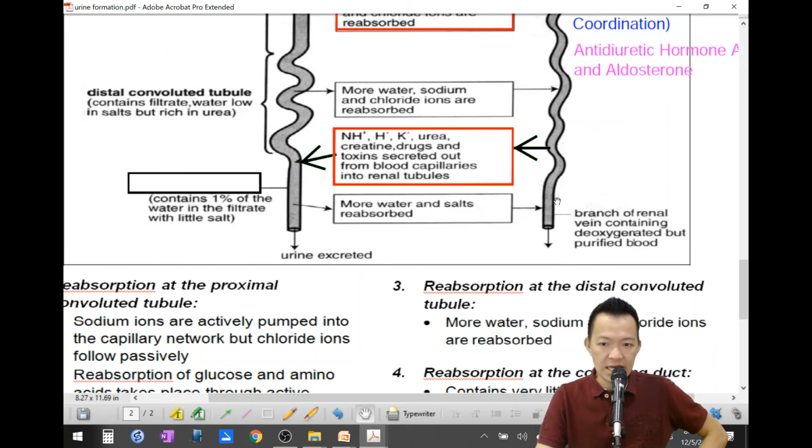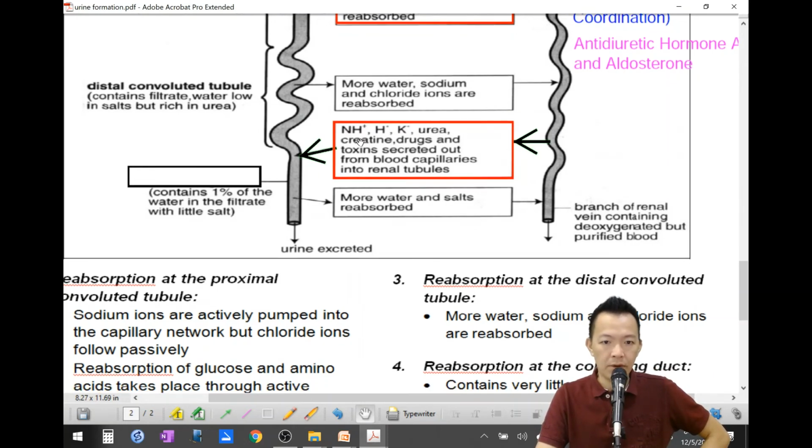But is there any waste material like ammonium ion, hydrogen ion, potassium ion, urea, creatinine? What is creatinine? Or this is what we call muscle acid, a bad thing. Drugs or any toxins will be secreted from the blood capillary into the renal tubule. If there is still a lot of waste in the blood, it will be secreted into the distal convoluted tubule, so the arrow is opposite.